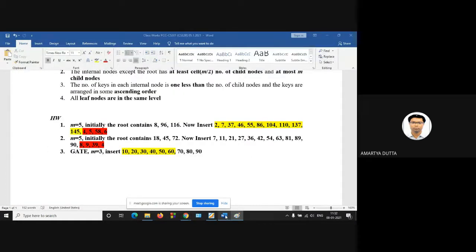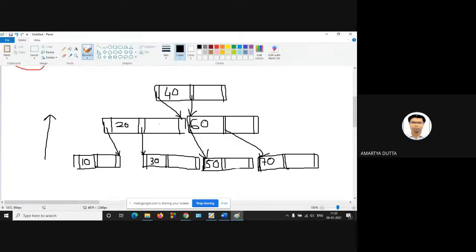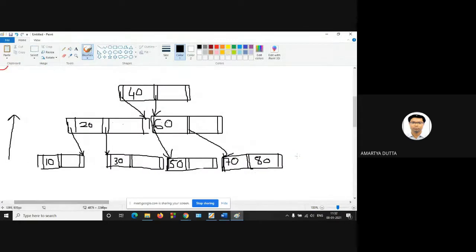Next one is 80. So for 80, this is your 80. Now 90. For 90, এবার কি করবো বলো তো 90 এর জন্য? 90 will be there, so for 90, 80 will be pushed up in this location.